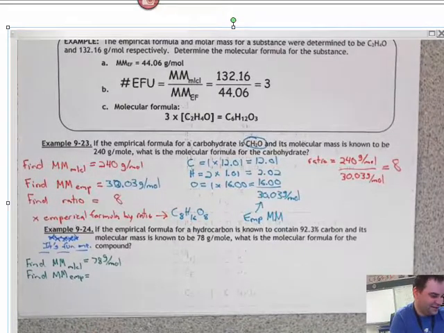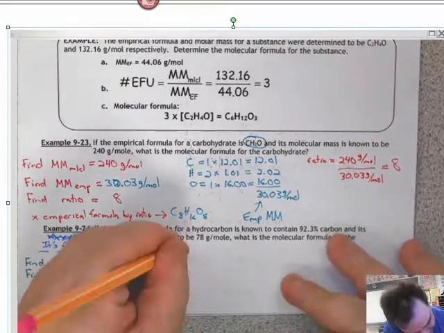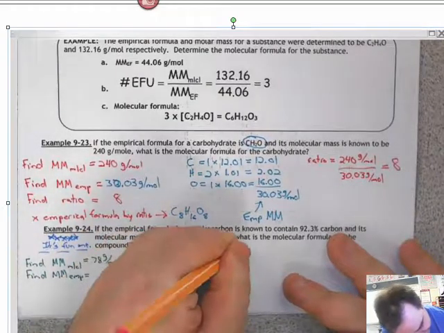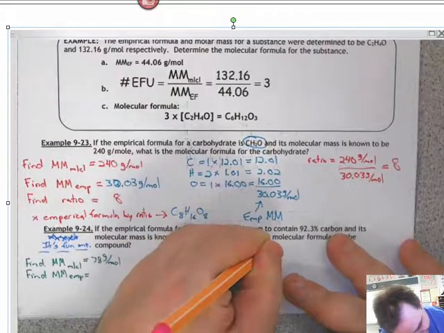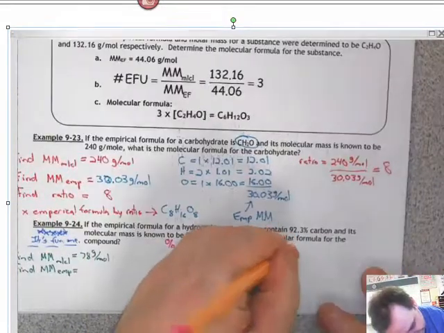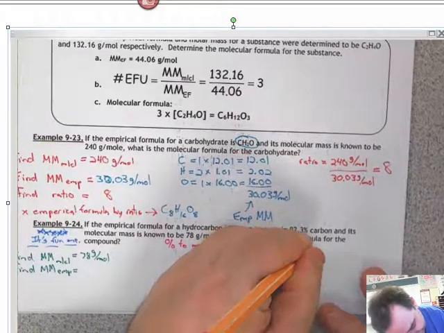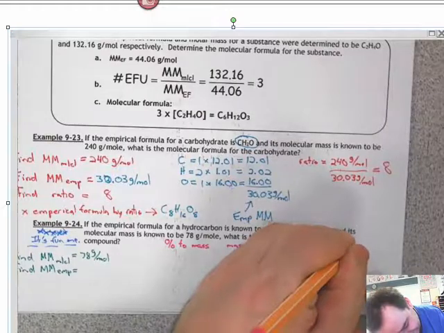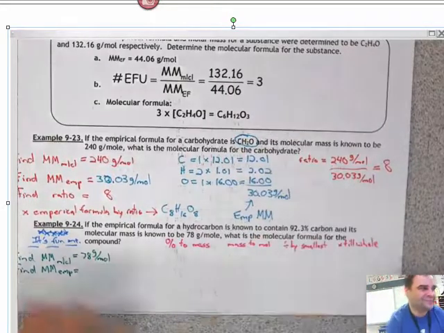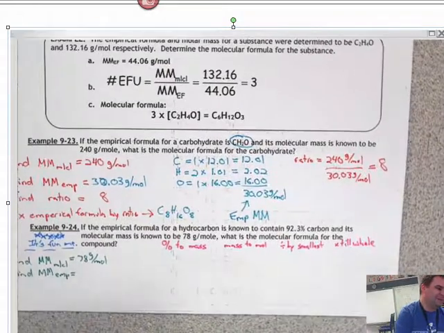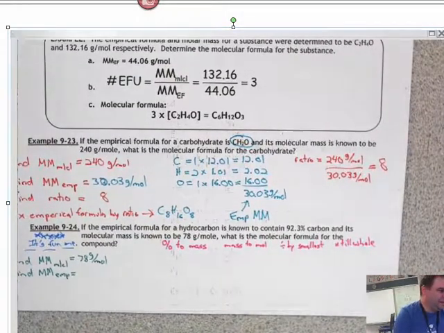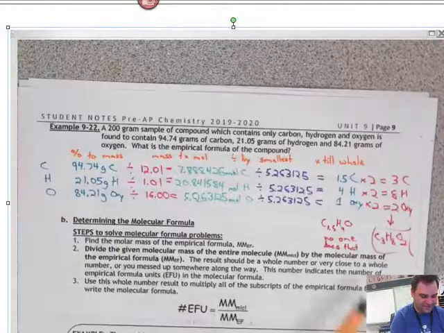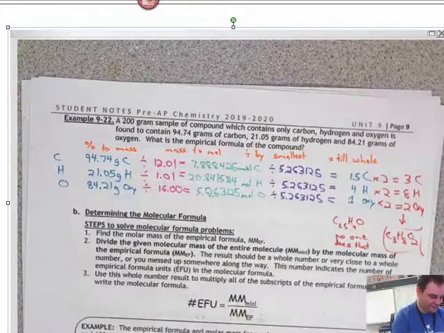So that's why we have to do this: percent to mass, mass to moles, divide by smallest, multiply till whole. We basically do this first to find the formula, so then we can find the molar mass, so then we can do the ratio.